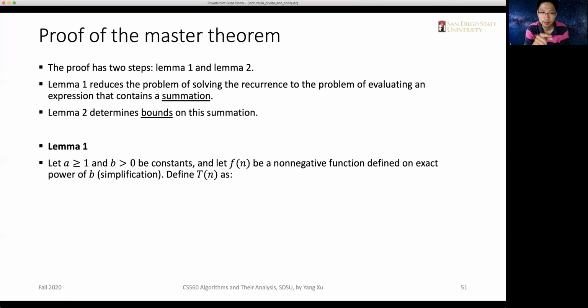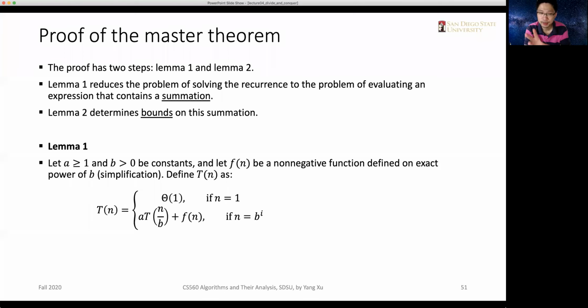Lemma 1 says that for a greater than 1 and b greater than 0, we let f of n be a non-negative function defined on the exact power of b. This is for simplification, because each time we divide the problem into n over b, so when n is an exact power of b, it makes the proof easier. Of course this is an approximation.